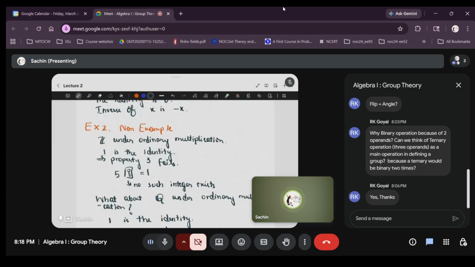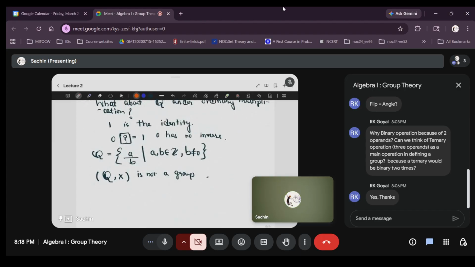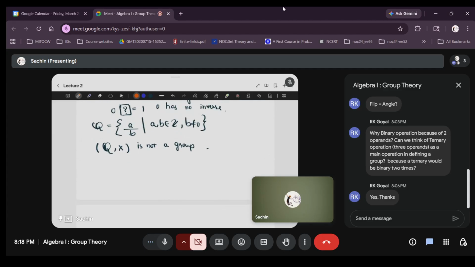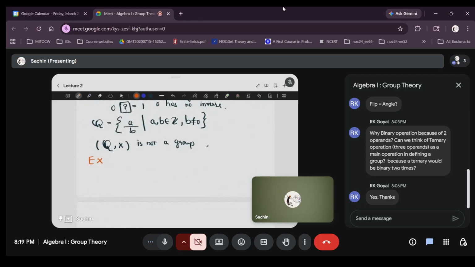So the next example would be, what if we removed 0? Then Q star is the notation we will use for Q minus the set 0.